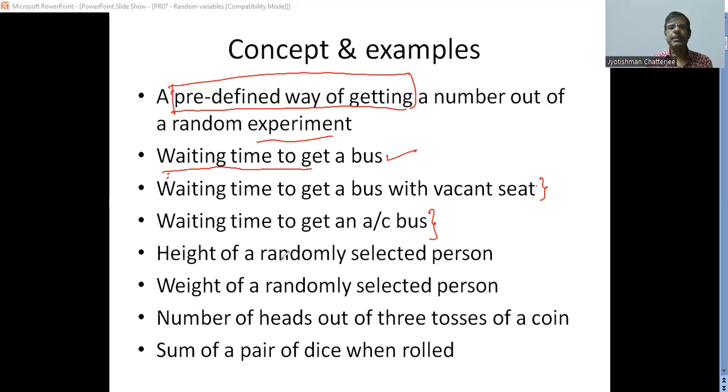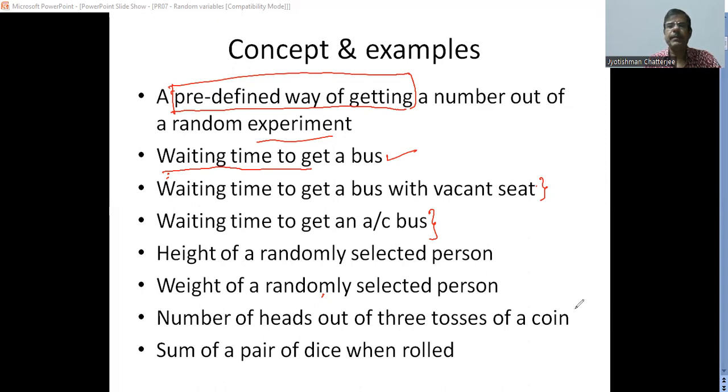Some other similar examples: height of a randomly selected person. Here the experiment is, you randomly select a person and then the measurement you take is the height of the person. Similarly, weight of a randomly selected person is also a random variable. Number of heads out of 3 tosses of a coin: you toss a coin 3 times, and after the experiment is performed, you count the total number of heads.